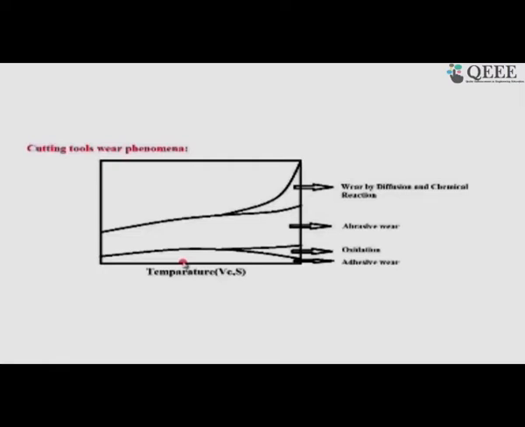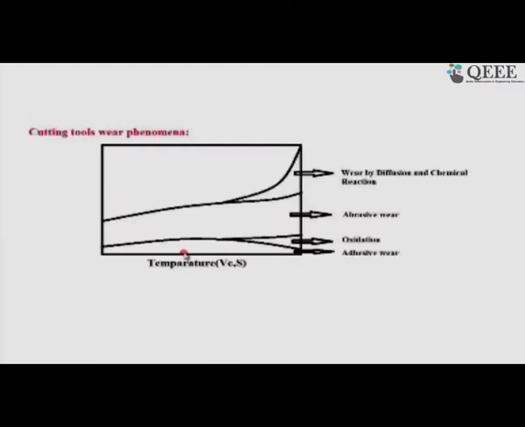It can also happen on the flank side, but it is mostly at the chip-tool interface because of the simple reason that temperature is higher in that zone in comparison to the flank temperature, and you have a tremendous amount of normal pressure. So, that means it is adhesive wear.